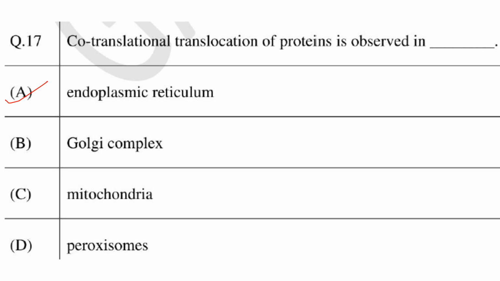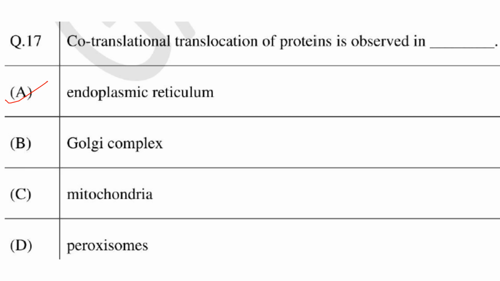It is seen for proteins like secreted proteins, membrane bound proteins, and proteins destined to the endoplasmic reticulum, Golgi or lysosomes. So what happens here is the ribosome will synthesize the protein chain. This growing protein chain will be recognized by the signal recognition particle.